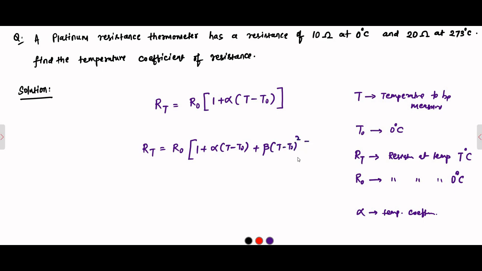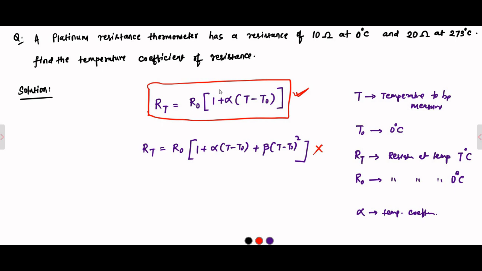But unless it is mentioned specifically in the question to use such an equation, this is the standard equation. If nothing is mentioned, this is the equation which is to be followed. Here nothing has been mentioned like that, so we'll not use that one, we'll use this one.